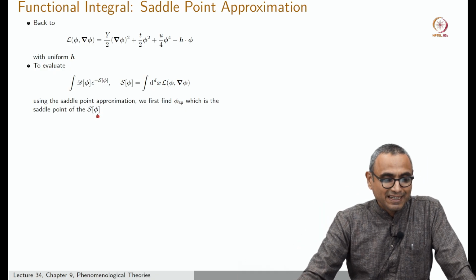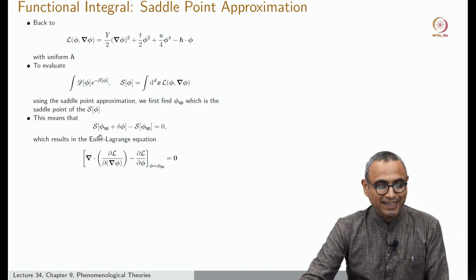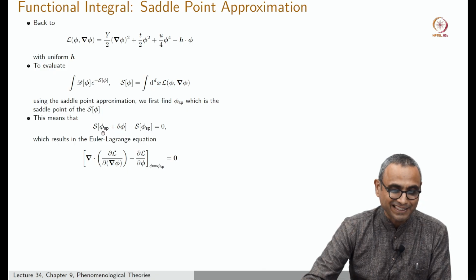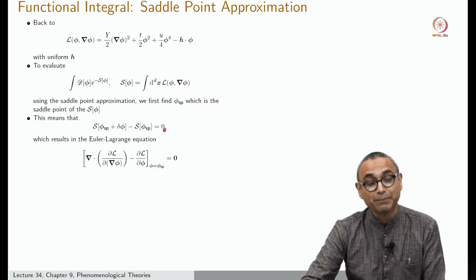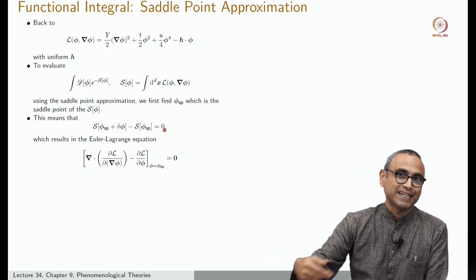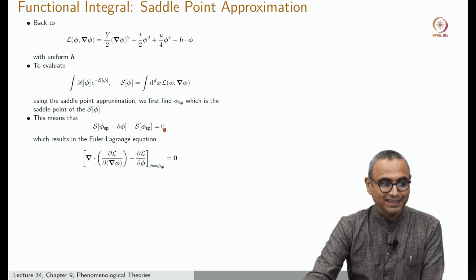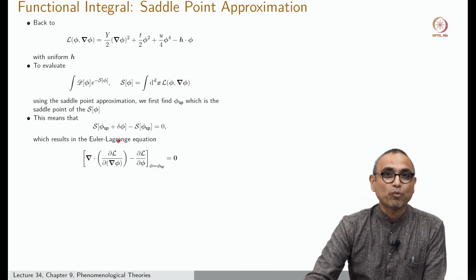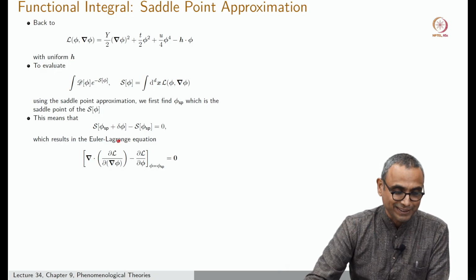Okay. How do we do that? I have to say that around the saddle point, if I do a variation, phi sp plus delta phi, the change in S from the saddle point must be 0. This is the statement, and this is calculus of variations, which I am sure many of you have seen. This results in what are called the Euler-Lagrange equations.